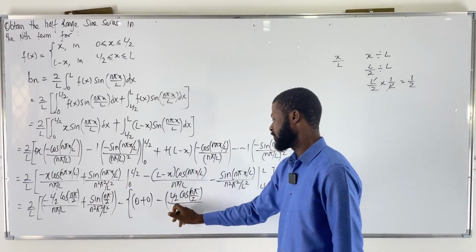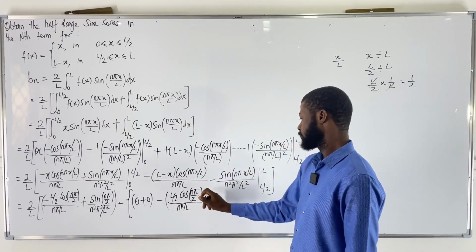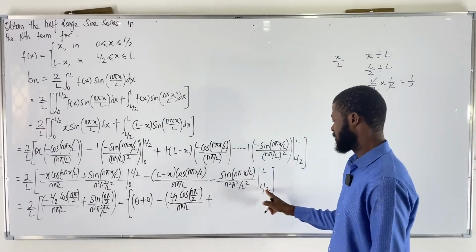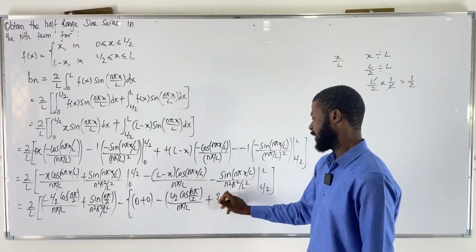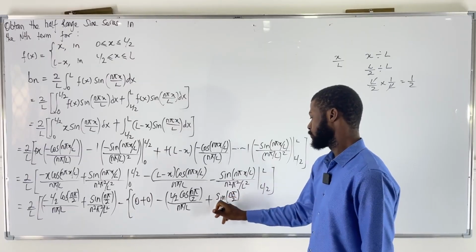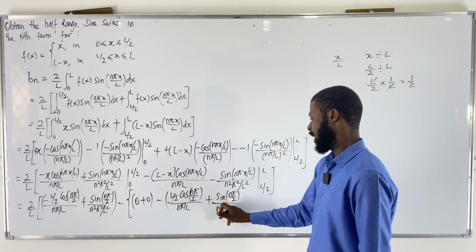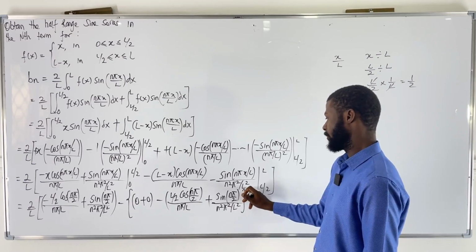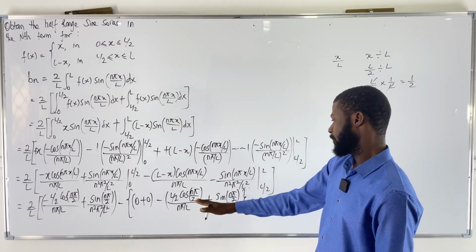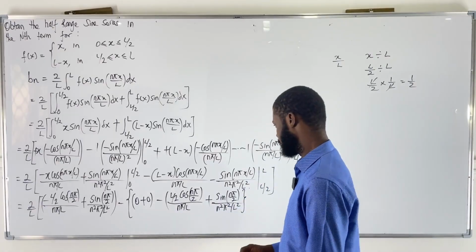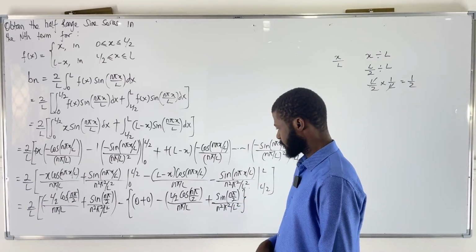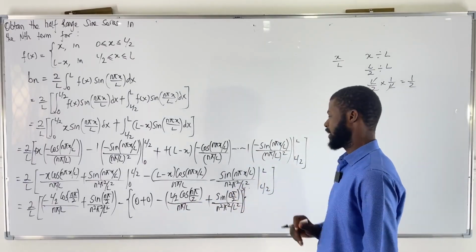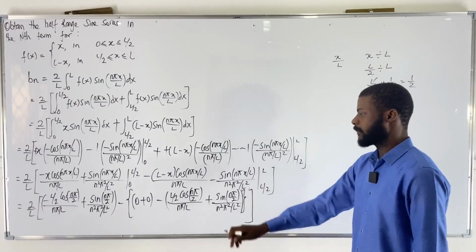Then divided by what will be left here, n pi over L. Plus, for the lower limit, let's put in L over 2, so this will be sine n pi over 2 divided by n squared pi squared over L squared. I've closed that up. Minus, this is the lower limit part. And then close this up.